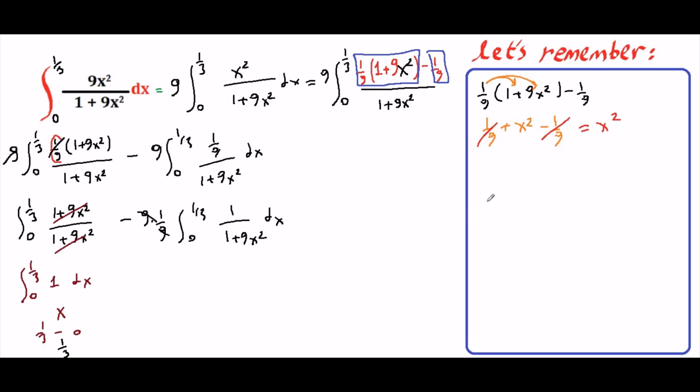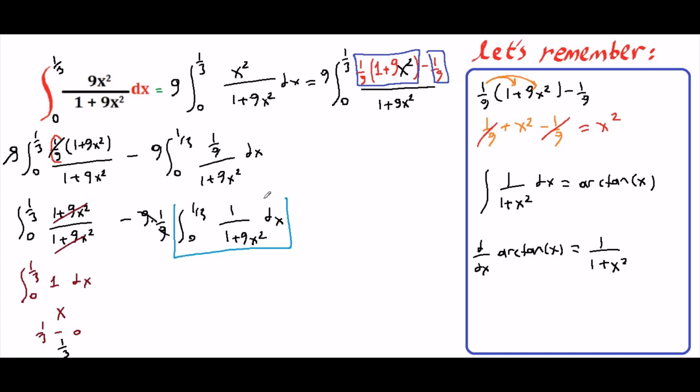Let's remember, the integral of 1 over 1 plus x squared is arctangent of x, or the derivative of arctangent of x is 1 over 1 plus x squared. And actually we remember from the previous example, the integral from 0 to 1/3 of 1 over 1 plus 9x squared was equal to pi over 12, using the special values of arctangent.